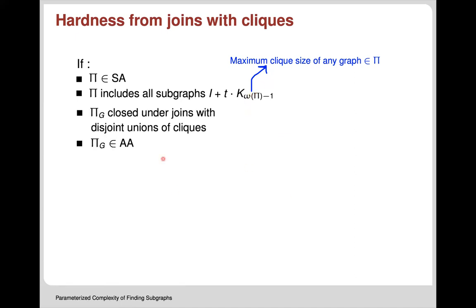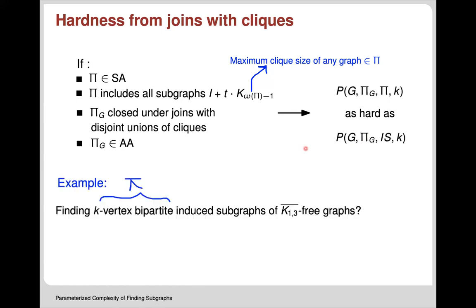Now if pi is closed under joins with disjoint unions of cliques, and if pi belongs to AA, then we have a similar result, which says that our problem is as hard as finding an independent set of size k in graph G. Again, an example is if you want to find a k vertex bipartite induced subgraph of K1,3 bar free graphs.